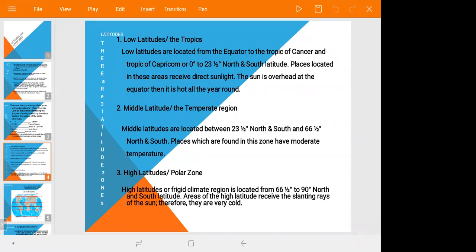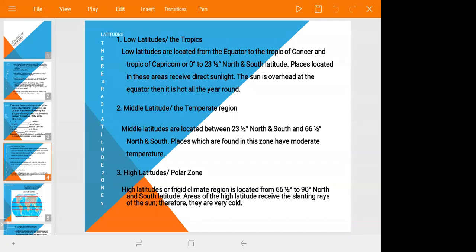Here, 66.5 degree is part of high latitude, not part of the middle latitude, but places in between, we said earlier. So from 66 to 90 degree, that means from the North Pole to the South Pole, it is a very cold zone, and these areas receive the slanting rays of the sun.